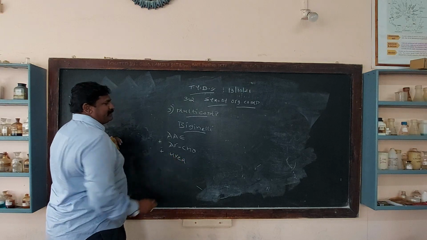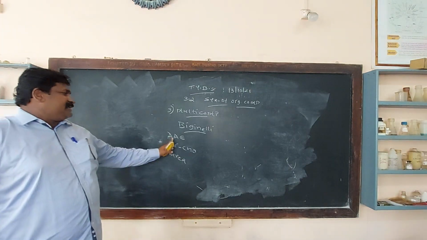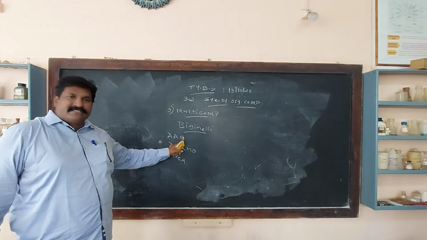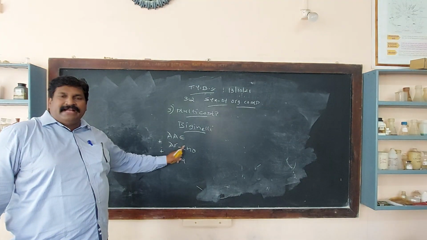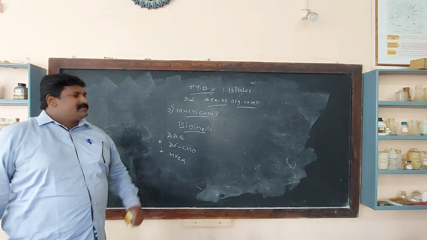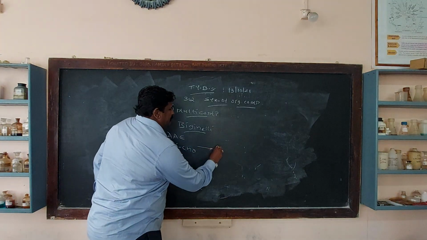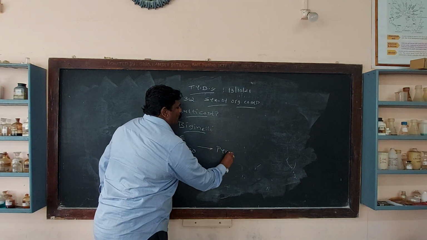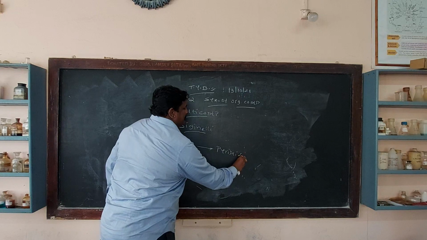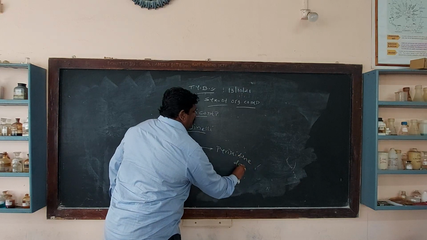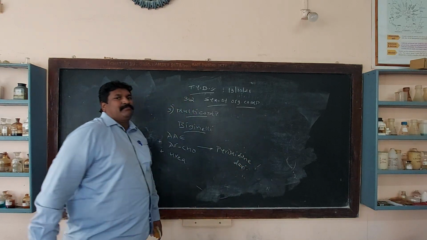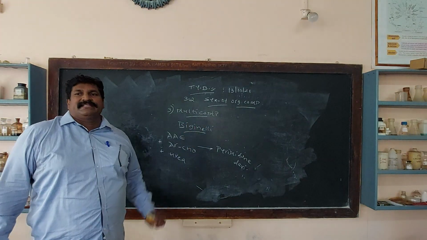In this Biginelli condensation, starting from acetoacetic ester, second aromatic aldehyde and urea, it gives a pyrimidone derivative. Pyrimidone derivative, again an example of multi-component synthesis.